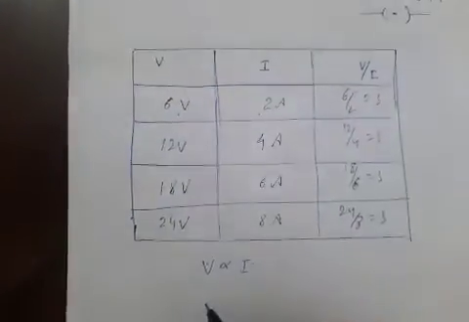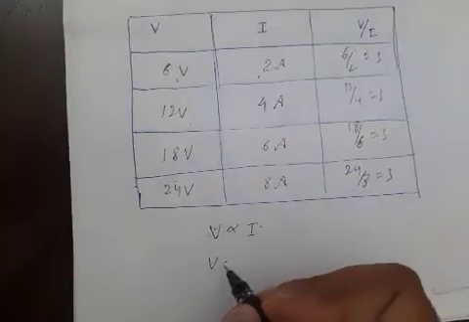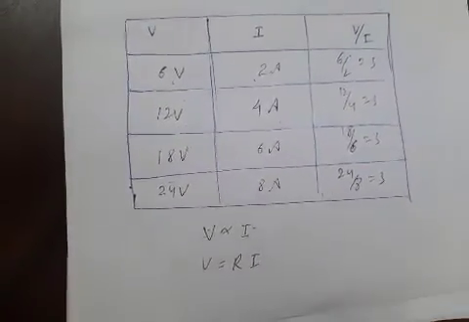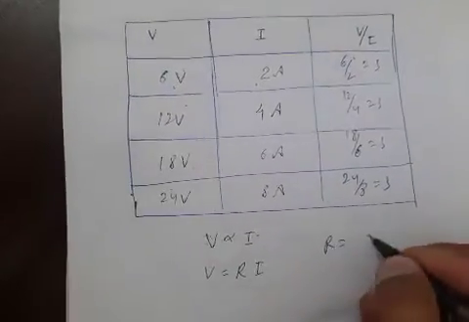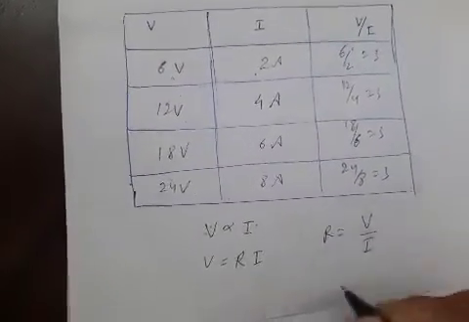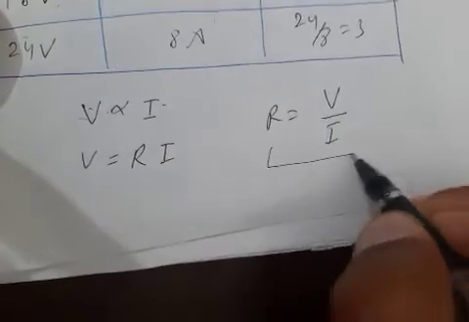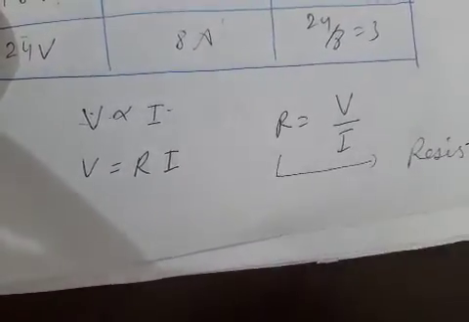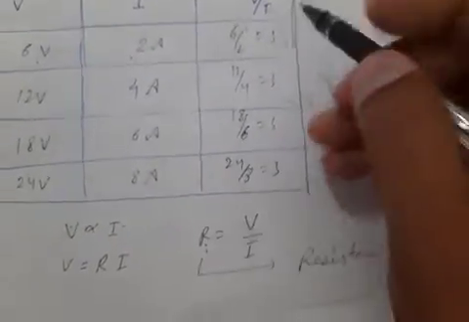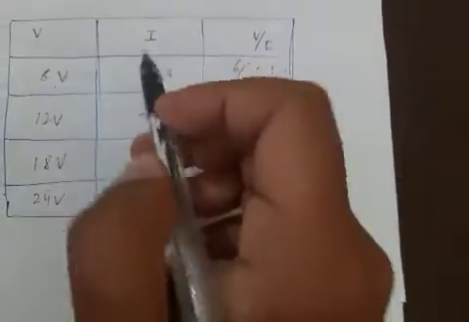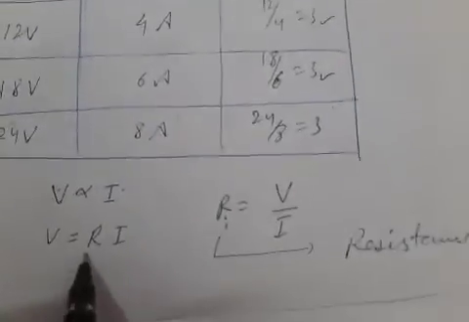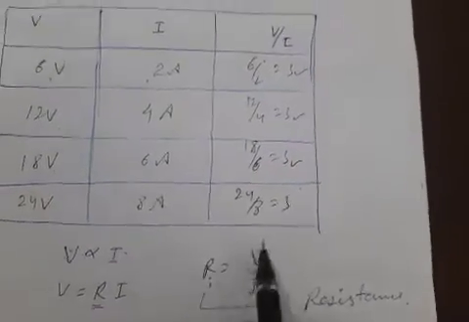To make it equal there is a proportionality constant, let it be denoted by R, and R is equal to V by I, and this R is called resistance, which is constant. See here V by I, in each case we get 3, which is constant for all the values of V and I. So R is the proportionality constant and it is V over I.